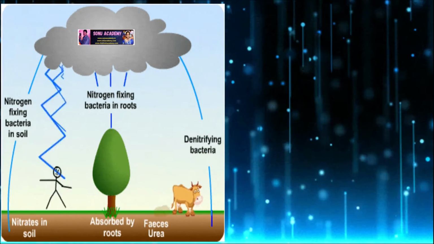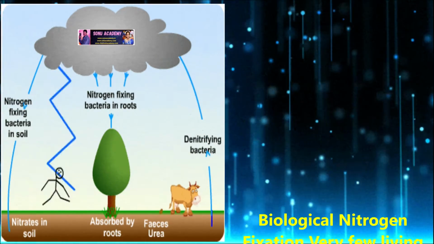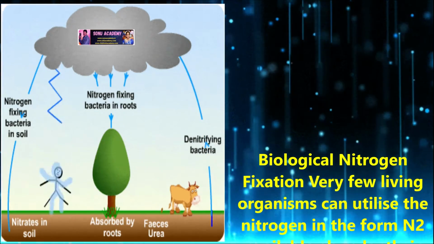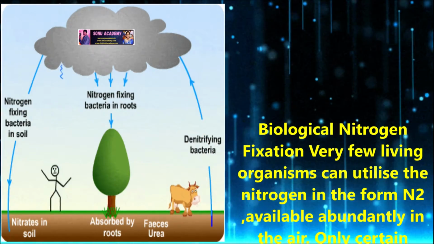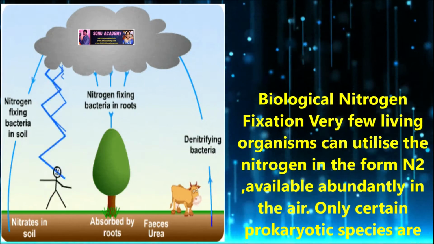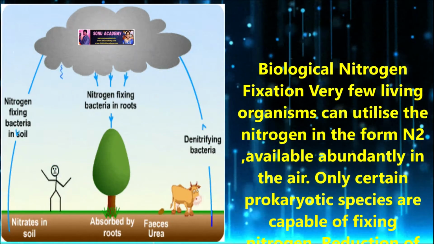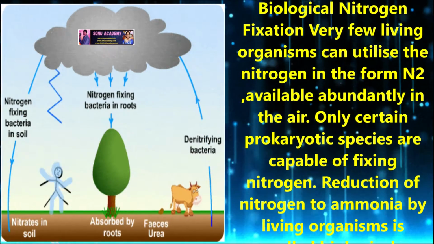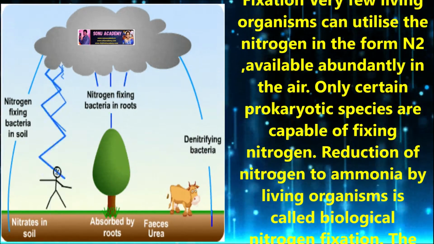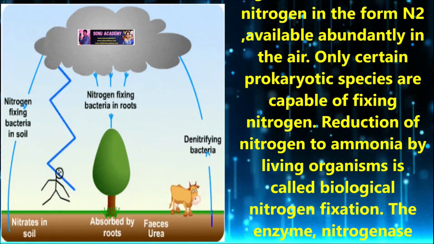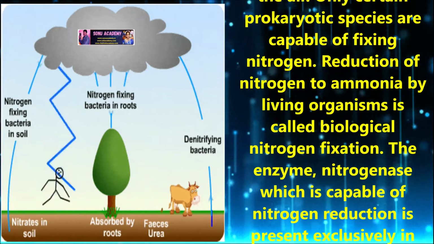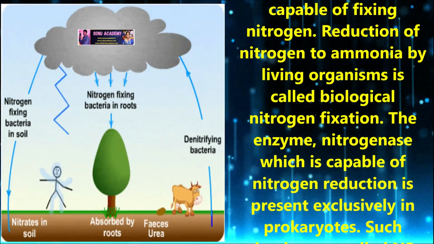Children, let us discuss biological nitrogen fixation. Very few living organisms can utilize the nitrogen in the form of N2 available abundantly in the air. Only certain prokaryotic species are capable of fixing nitrogen. Reduction of nitrogen to ammonia by living organisms is called biological nitrogen fixation. The enzyme nitrogenase, which is capable of nitrogen reduction, is present exclusively in prokaryotes.